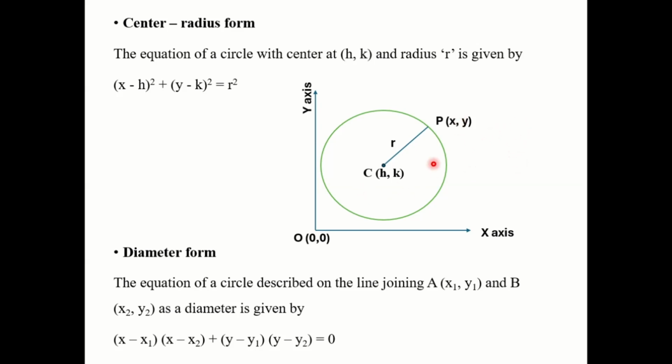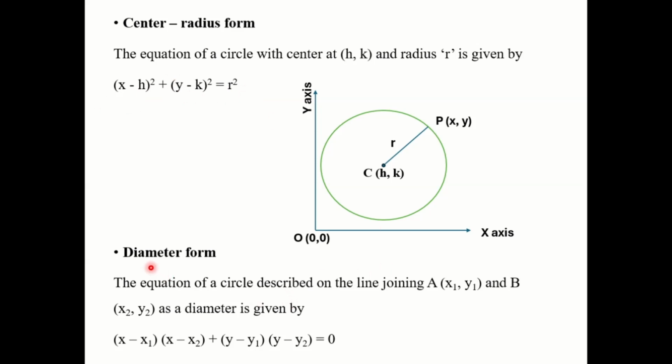By applying the distance formula, why? Because we know the coordinates of C and the coordinates of P, and CP is the radius. To find the radius, we apply the distance formula, where x2 is x and x1 is h, so (x minus h) square plus (y minus k) square is equal to r square. This is the center radius form. When the center and radius are given, how do we find the equation of the circle? By using this center radius form, that is (x minus h) square plus (y minus k) square is equal to r square. We are going to solve some problems in the next video.